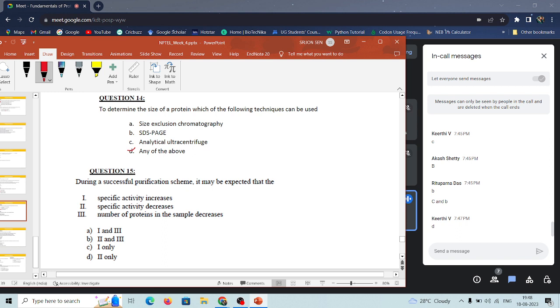When you're purifying it, what happens? Actually, the specific activity is seen to increase or decrease.